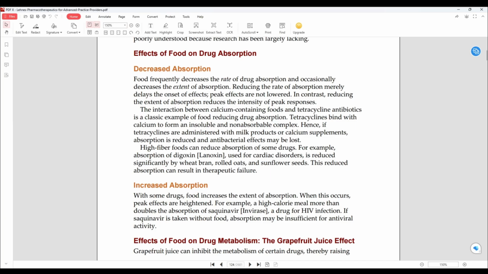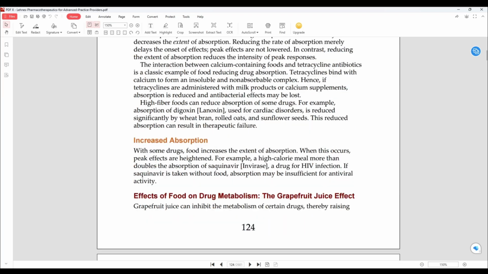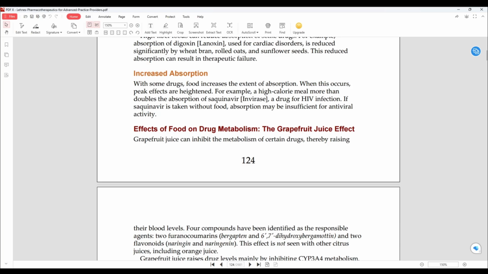High-fiber foods can reduce absorption of some drugs. For example, the absorption of digoxin, used for cardiac disorders, is reduced significantly by wheat bran, rolled oats, and sunflower seeds. This reduced absorption can result in therapeutic failure. Increased absorption. With some drugs, food increases the extent of absorption.